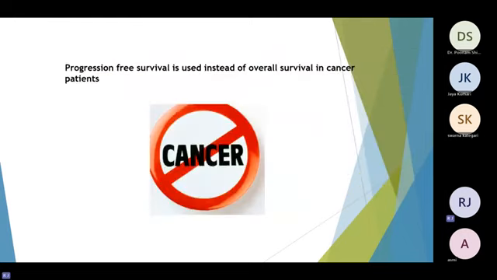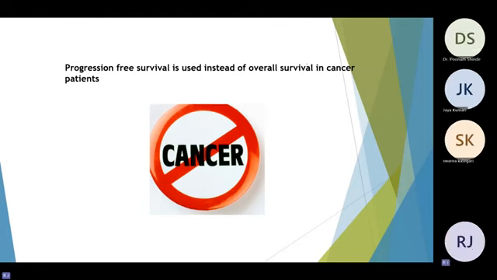For example, in oncology studies, instead of waiting for the subject to die from the disease, we look at the progression-free survival: how many months the subject can survive without cancer cells or without any active disease. So instead of checking the overall survival, we see the progression-free survival, which means a disease-free state.